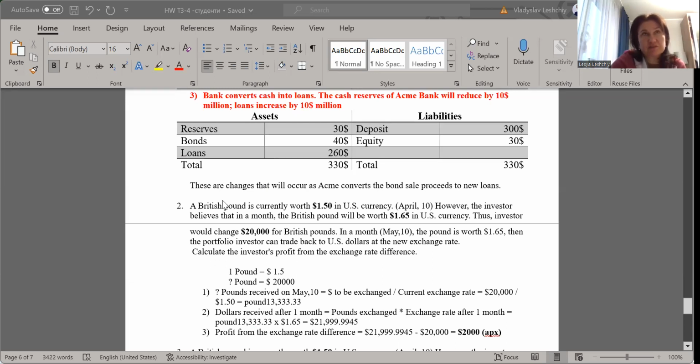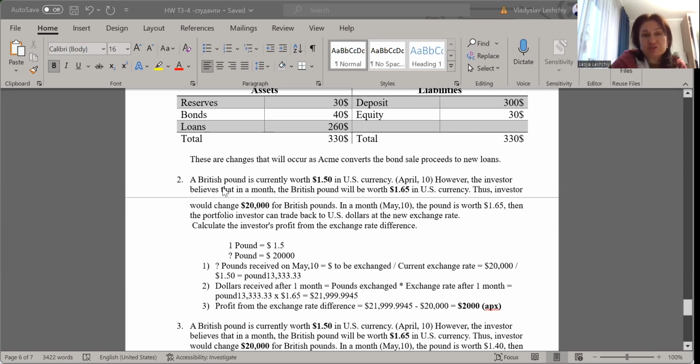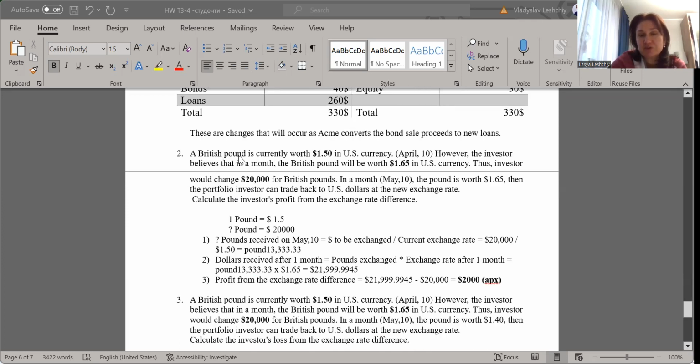Maybe it's not the second task, but it's the second calculating problem about exchanging currency. So this problem is interesting for you? Yes? Yes. So here we see that a British pound is currently worth $1.50 in US currency.